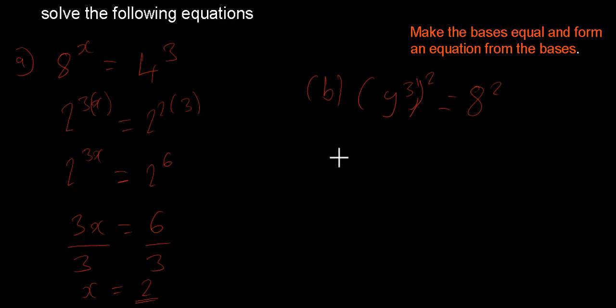we have y to the power 3 multiplied by 2. So this can also be written as 2 to the power 3 multiplied by 2. Okay, then when we multiply this multiplied by this is 6.